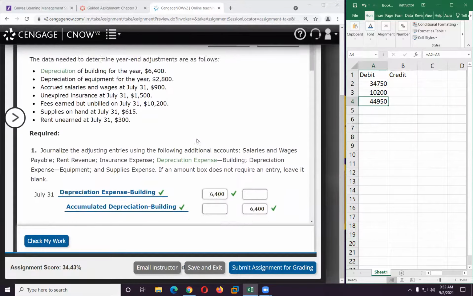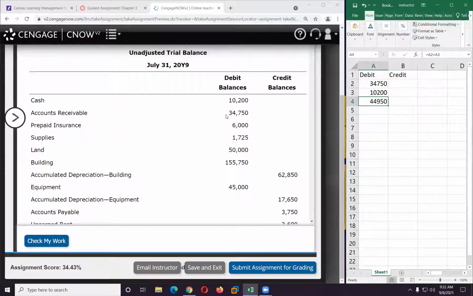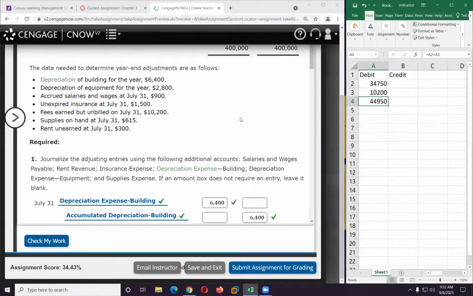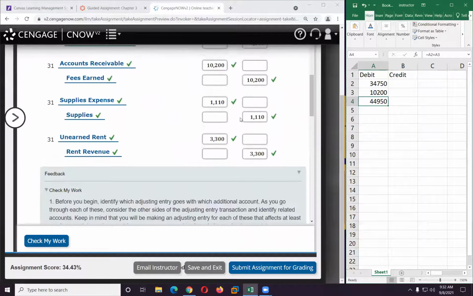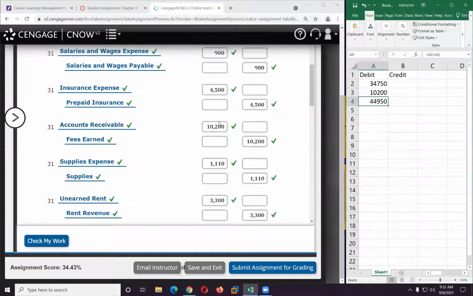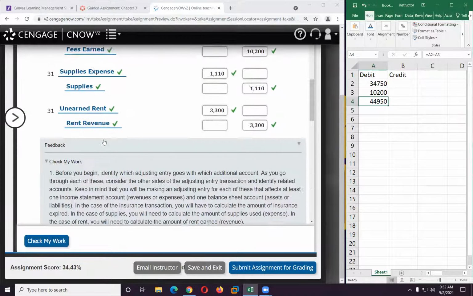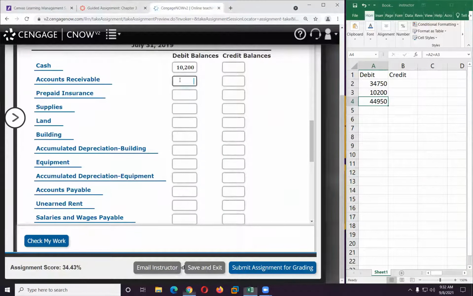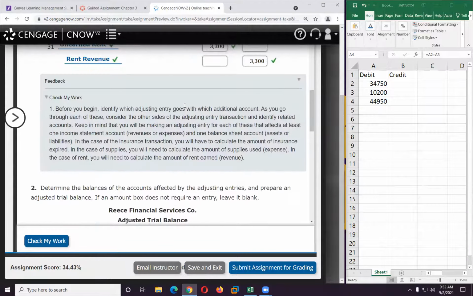All I did was take the debit balance up here, 34,750, and add the debit adjustment to that account right here. And I'm going to repeat this process for every single account. There's a lot of them, so it's going to take a minute. Prepaid insurance.